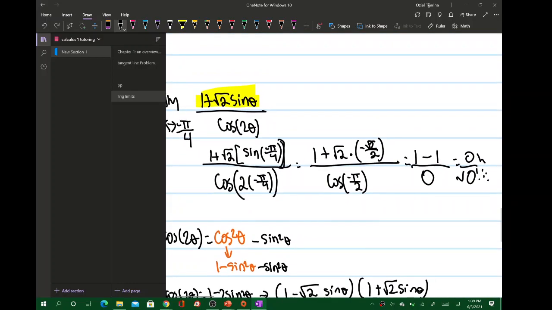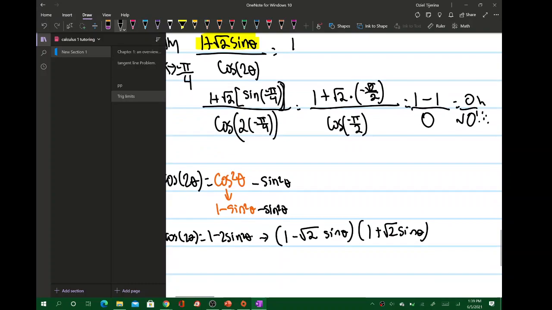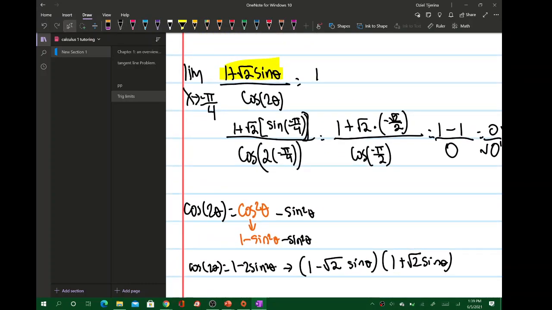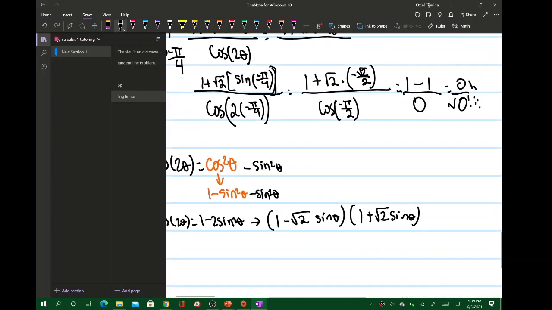The numerator is 1 plus square root of 2 sine theta, and the bottom is whatever this is.